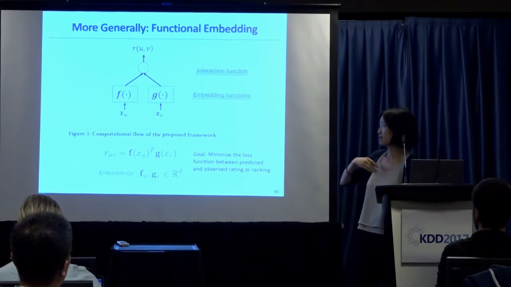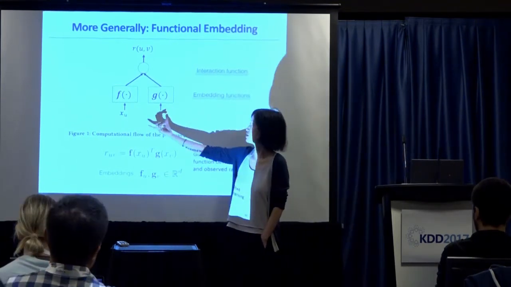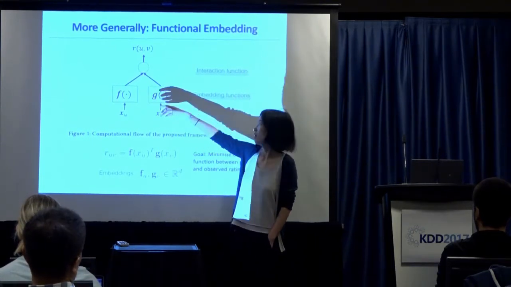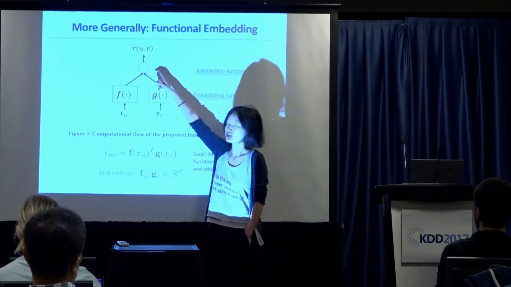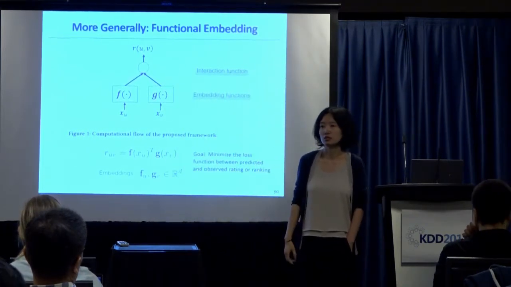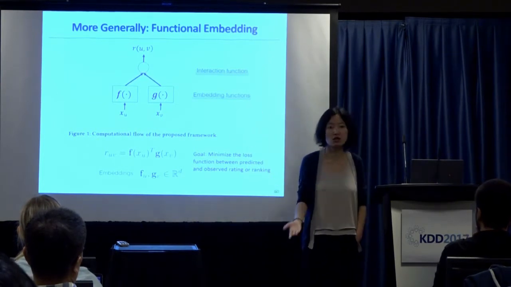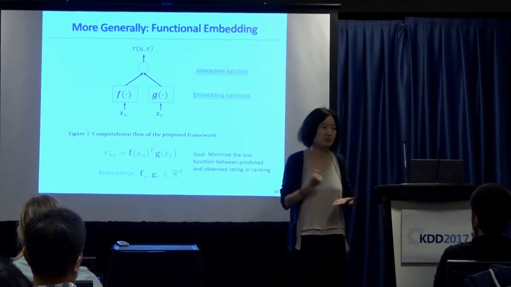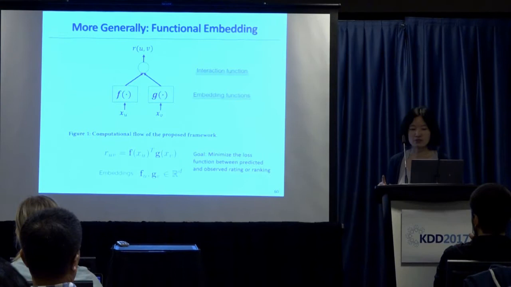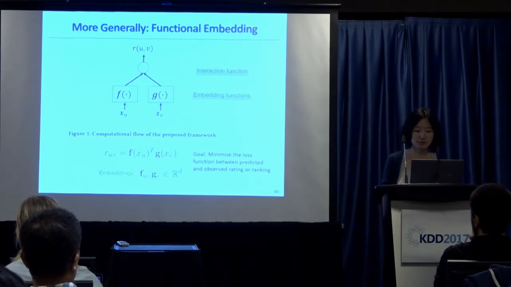So essentially, for users and items, we use different functions to do the mapping into the same embedding space. Then based on that mapping, we can compute the similarity score between the two, and design similar loss functions. If it's explicit feedback, we can probably use a pairwise loss function. If it's implicit feedback, then we can use a ranking-based loss function.